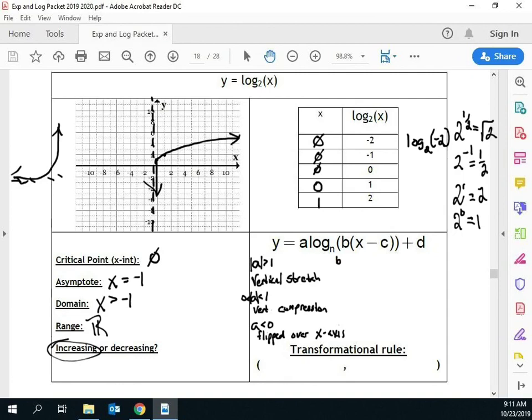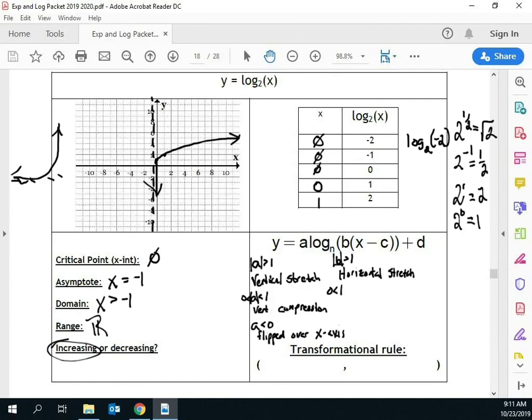Let's get into B. And B is going to kind of be a repeat of whatever A is, except now it's dealing with horizontal. Horizontal stretch.